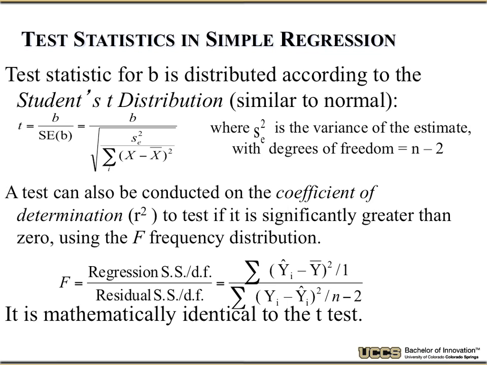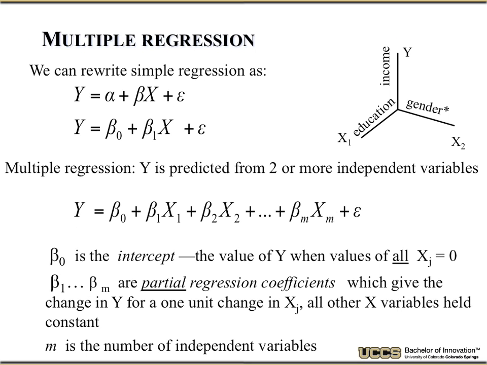Now, this is for one dimension. If we do multiple dimensions, then we're going to rewrite our regression with two variables. I'm going to have y equals b0 plus b1, or beta 1, x1 plus beta 2 x2, and so on. So for however many dimensions I have, I'm writing it as a linear combination of multiple variables plus a constant plus an error.